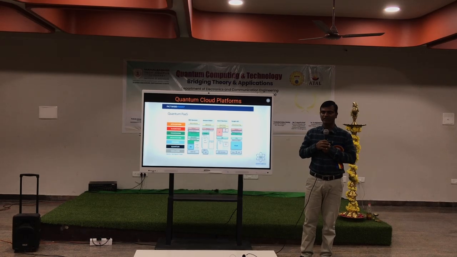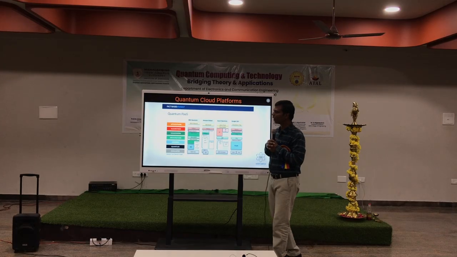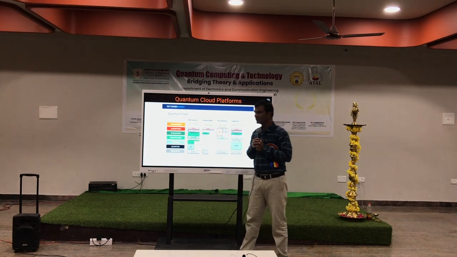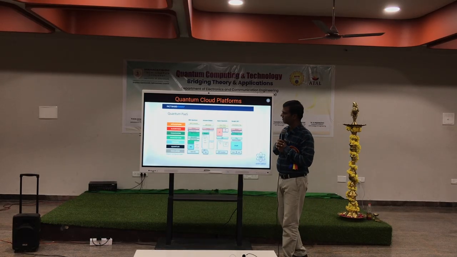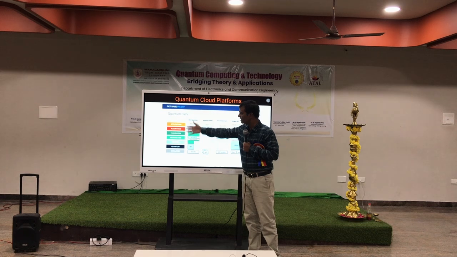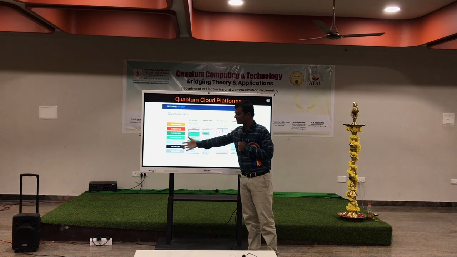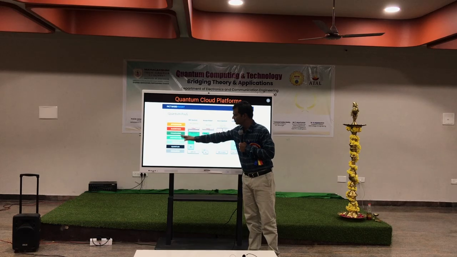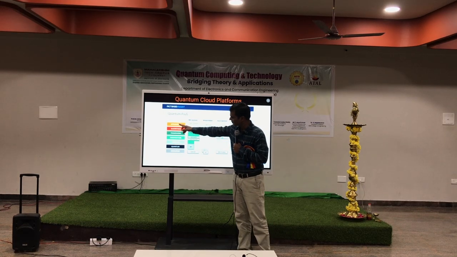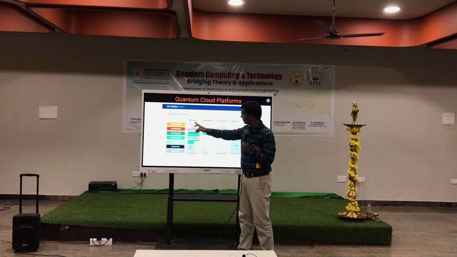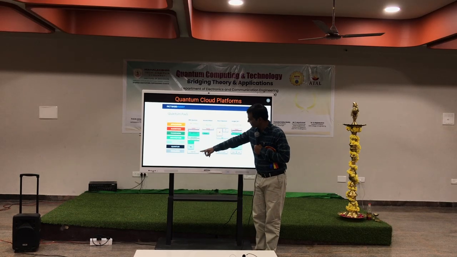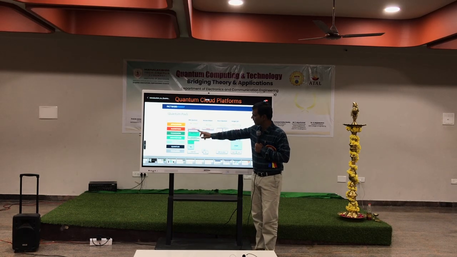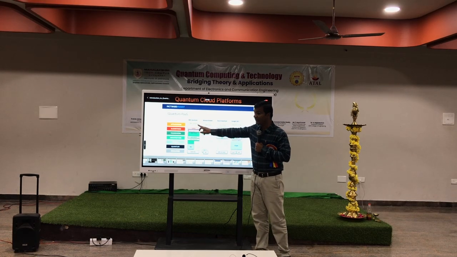Just like in classical, we do have quantum PaaS, that means quantum platform as a service. And this is the architectural diagram, if you come from top to bottom: application, algorithms, framework, architecture, control, quantum and simulators. This is how IBM's quantum PaaS has been aligned.